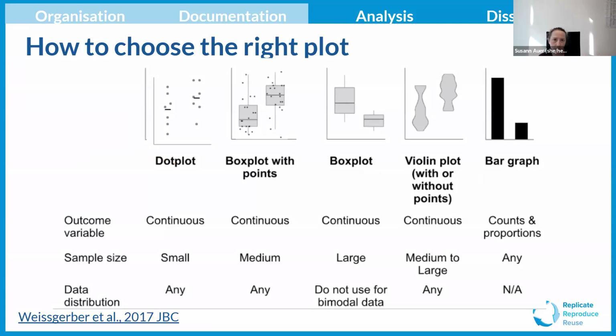But for many of the options nowadays, the reader needs to learn a little bit first how to read and interpret the plot before they're able to see your data, which I think can be a disadvantage. So if you are working with continuous data, even if these options are boring to some people, people are accustomed to read a box plot, for example, oftentimes, hopefully. And if not, you can quickly look it up on Wikipedia. So I would personally try to stick to these if you're working with continuous data.